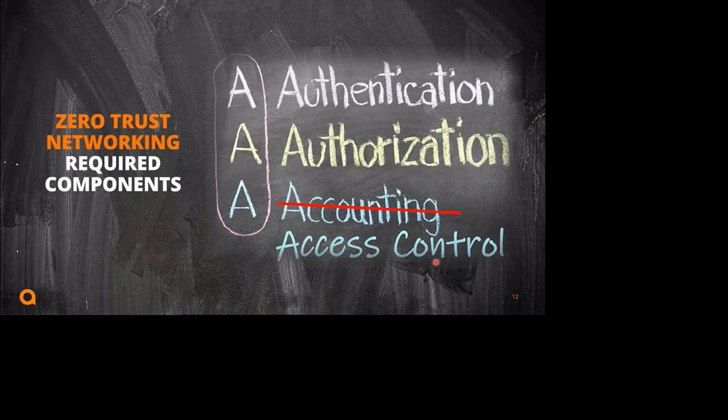Because accounting is about tracking who accessed which services and when. But today, devices can be compromised even after they've gained access to the network. So it's important to continuously check the access control and to really limit the amount of resources that can be accessed. Let's talk about this in a little more detail.